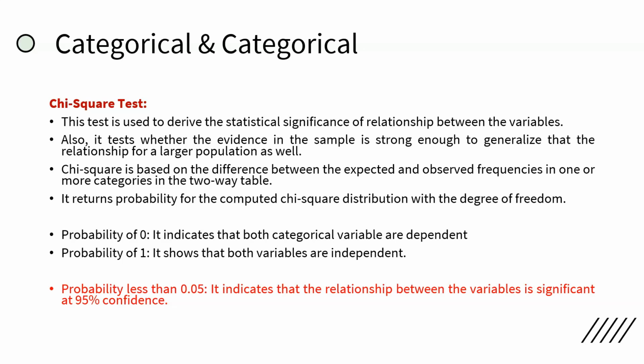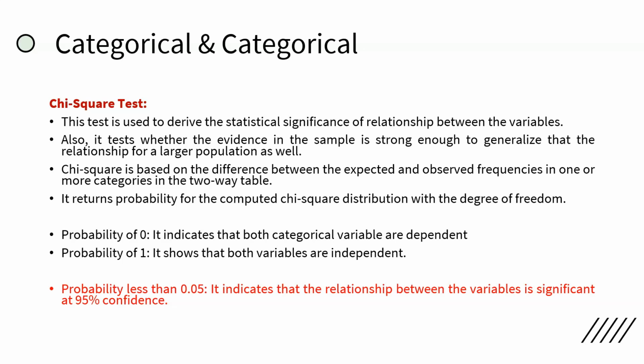It is based on the difference between expected and observed frequencies in one or more categories. The categorical variable can have multiple levels. We create a two-way table of expected and observed frequencies. It basically returns a probability for the chi-square distribution.